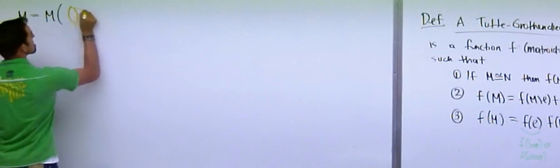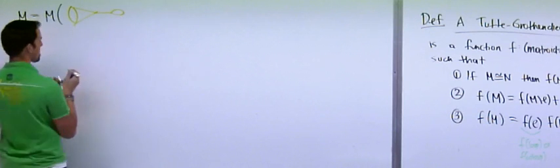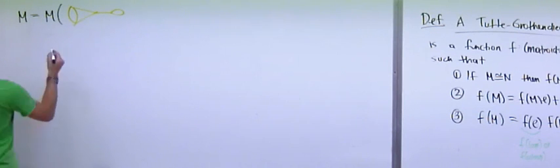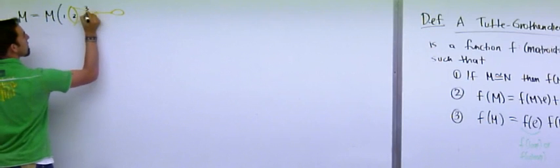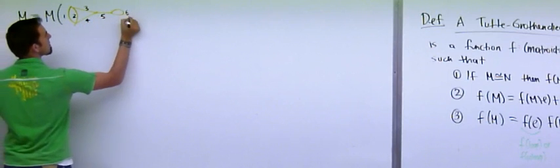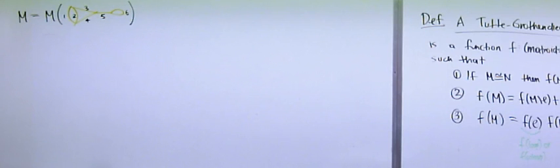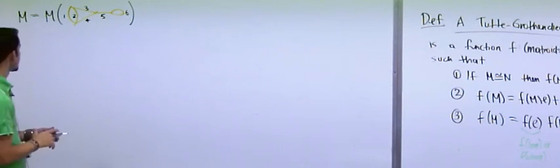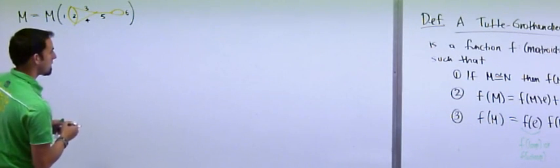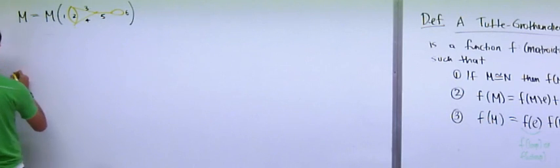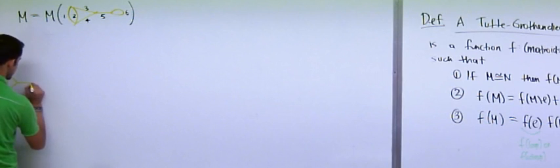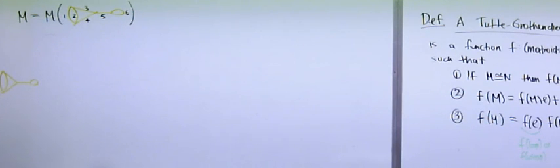So, elements 1, 2, 3, 4, 5, 6. So here's the matrix that we want to compute the top polynomial of.